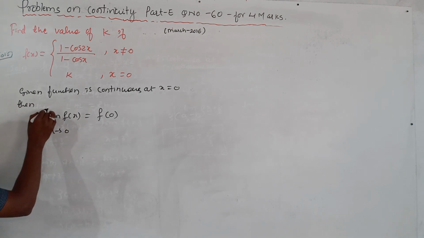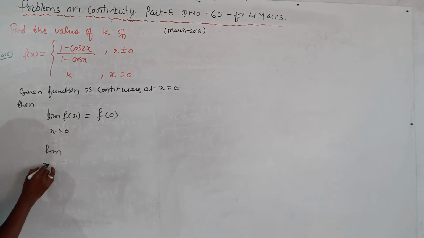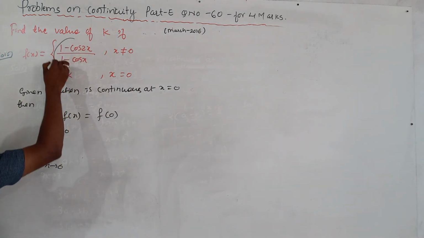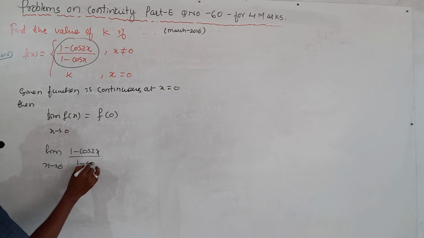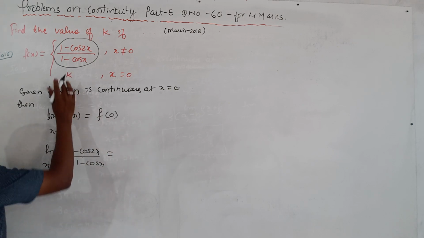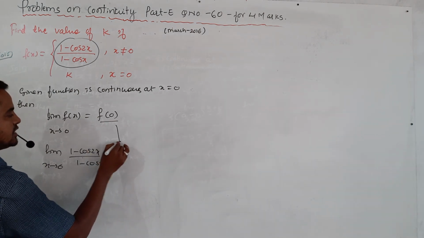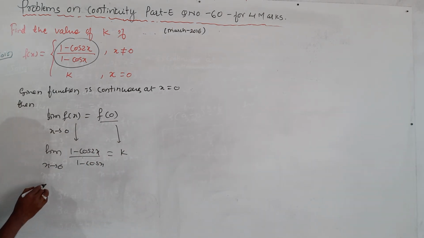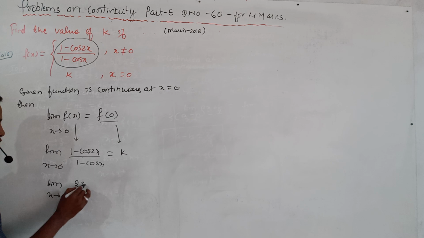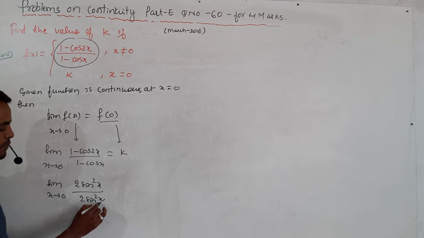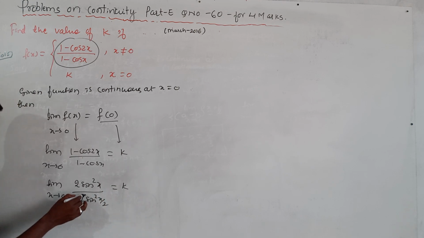Therefore, the limit as x tends to 0 of 1 minus cos 2x divided by 1 minus cos x, and f of 0 means k. Then 1 minus cos 2x is nothing but 2 sin square x, divided by 2 sin square x by 2, is equal to k. This 2 gets cancelled.